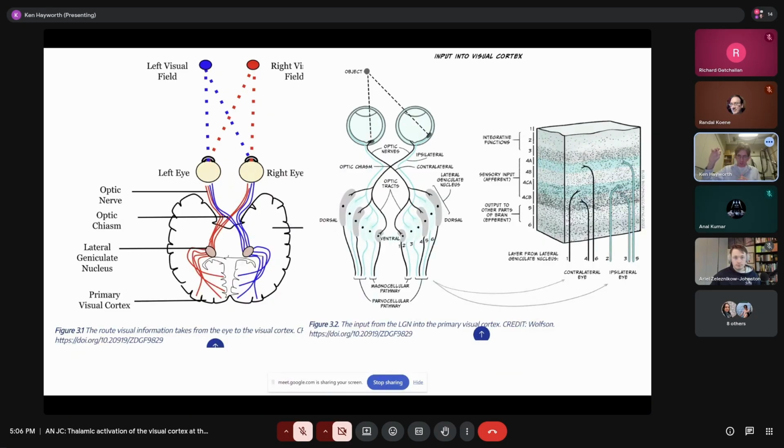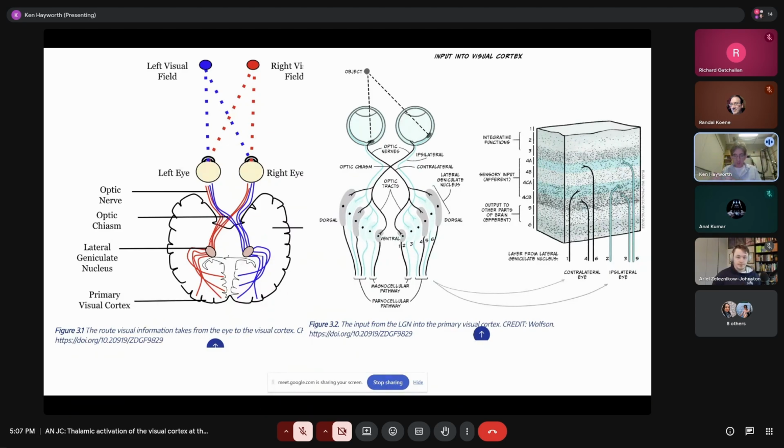If it's a so-called on-centered cell, then it's going to activate when a bright thing is flashed in the center of its receptive field, and it's going to be inhibited if that white is flashed in the area immediately surrounding that center. So that's an on-centered cell. It has an on-center and an off-surround.